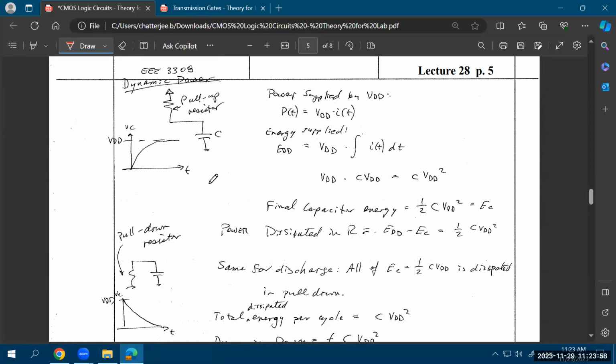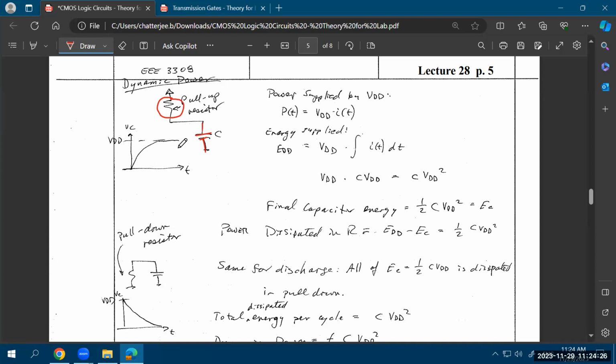Why is that? Because if you have a resistance, let's say you're charging up an inverter. You have a pull-up network, a pull-up PMOS, and when the PMOS is on, it can be represented as a resistor. There is an on resistor in the pull-up network, and at your output you have a capacitor. So you have a resistance and a capacitance, so you have an RC circuit. There is a time constant in any RC circuit, so the capacitor cannot charge instantaneously.